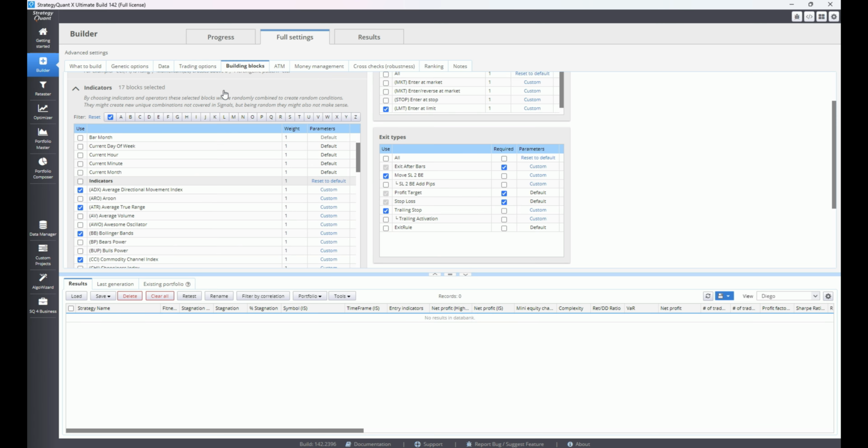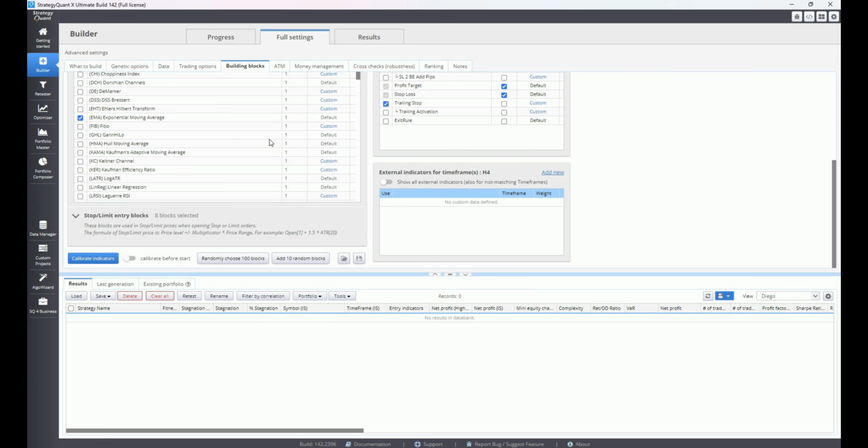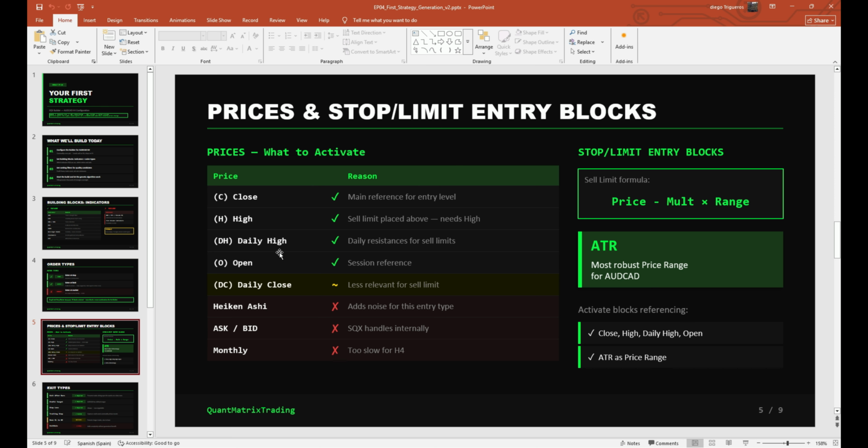One more thing in building blocks, you need to select prices. In prices, as I'm selecting sell limit, I like to choose the highest close, daily high, open, and daily close, right? I try to avoid this.